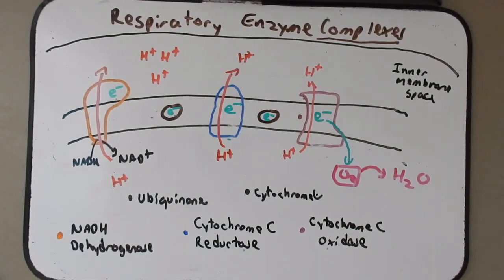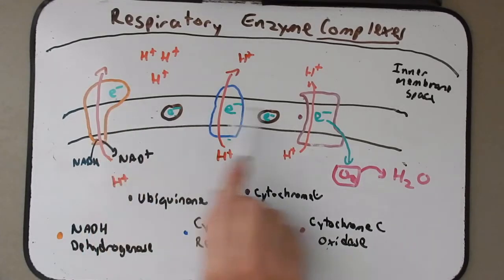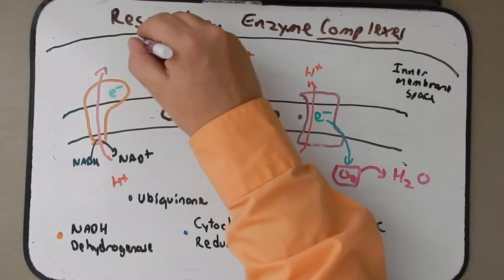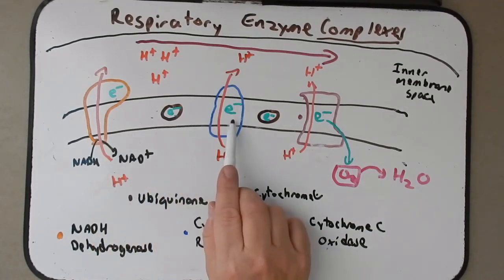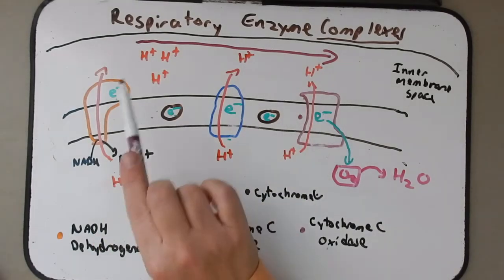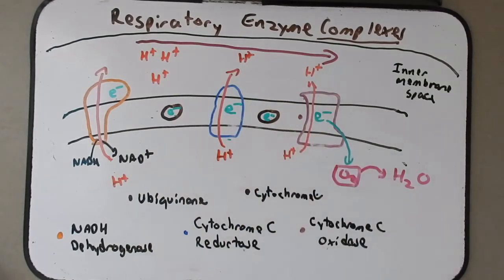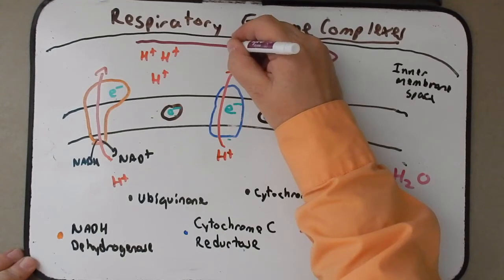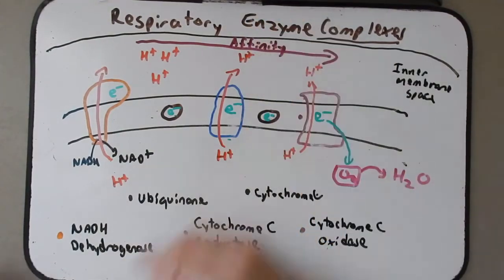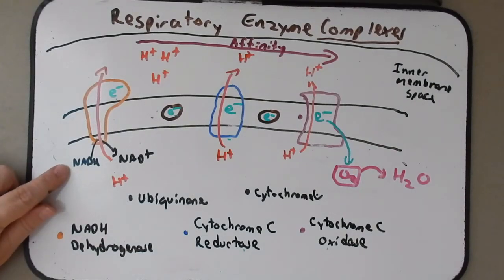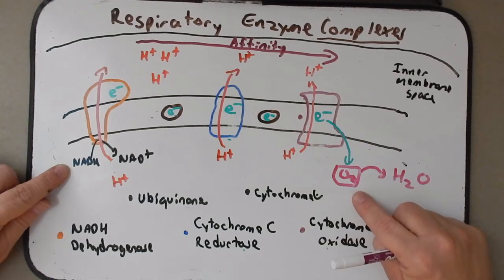A few things I want to point out here is that this movement is unidirectional. So we go in this direction, from this enzyme complex to this protein to this protein complex. And the reason that the movement of electrons is unidirectional is strictly dependent on the fact that there's this change in affinity for electrons. NADH has the lowest affinity and oxygen has the highest.